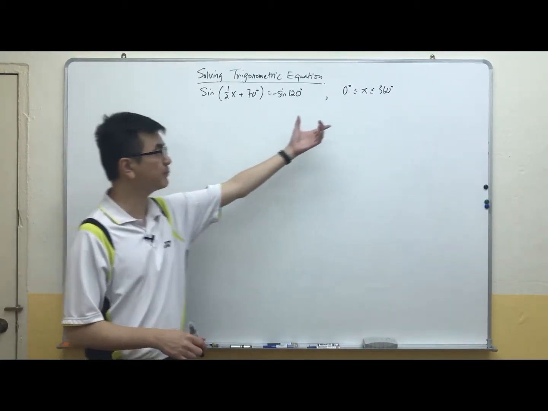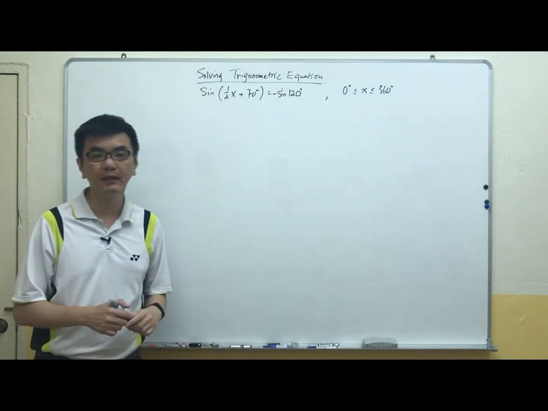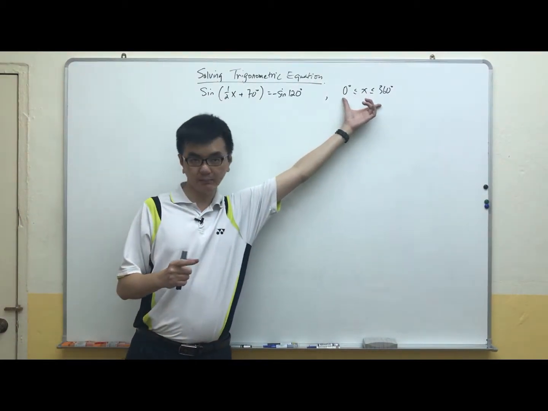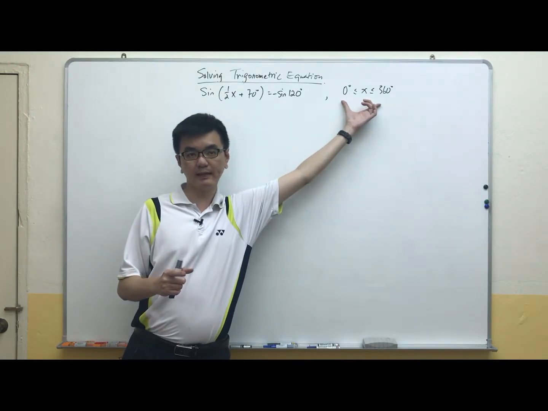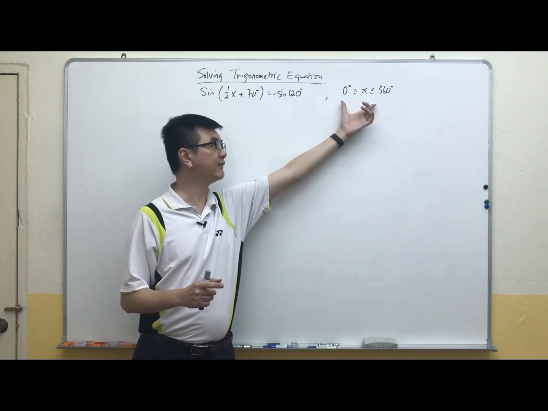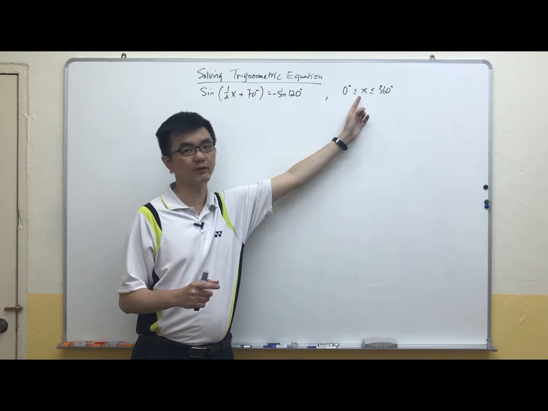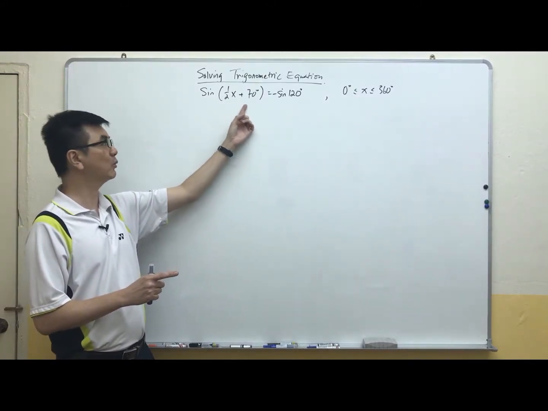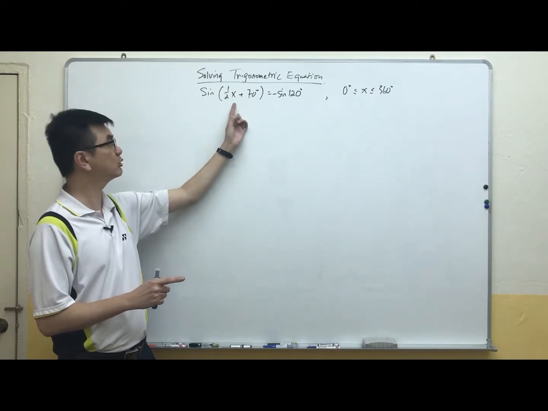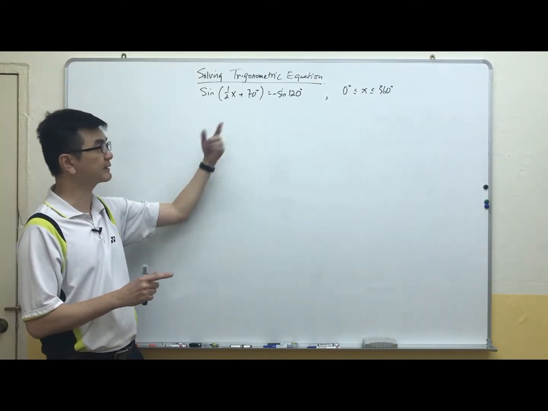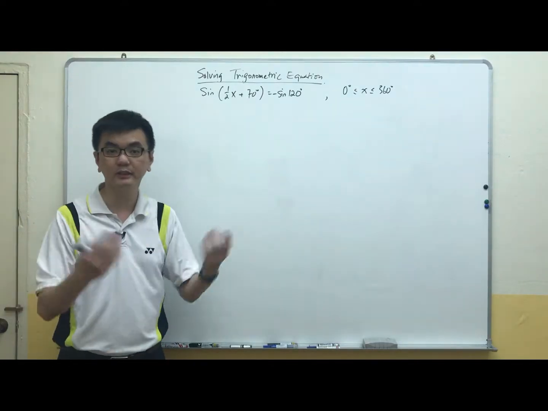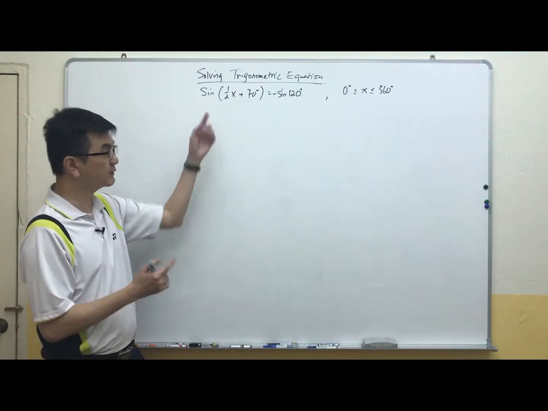It is very important to write down the domain of the equation, because we have got to keep in mind that the domain is the definition for the range of values of x. But since we are solving a compound angle where my x has been transformed into half x plus 70, we have got to change the domain before we solve this problem.